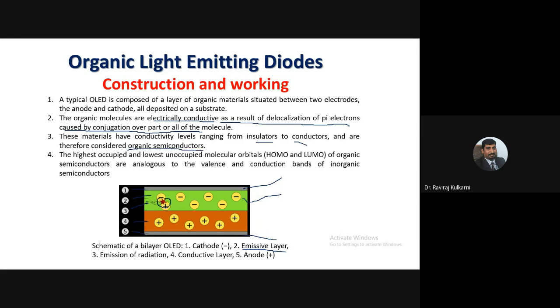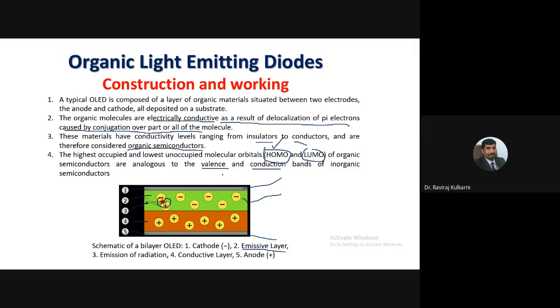So the highest occupied molecular orbital and lowest unoccupied molecular orbital. HOMO means highest occupied molecular orbital, LUMO means lowest unoccupied molecular orbital. Semiconductors are analogous to this. HOMO has electrons, so it's like the valence band. Then there is the conduction band.